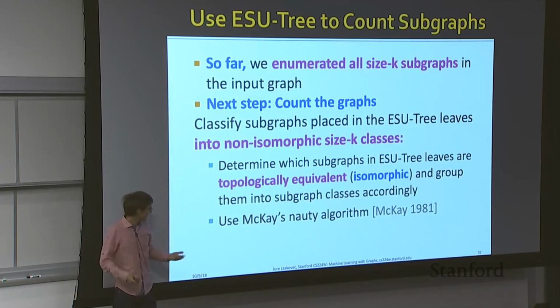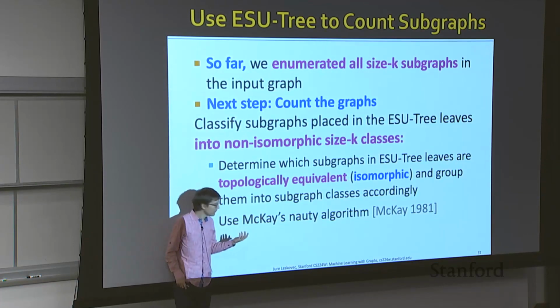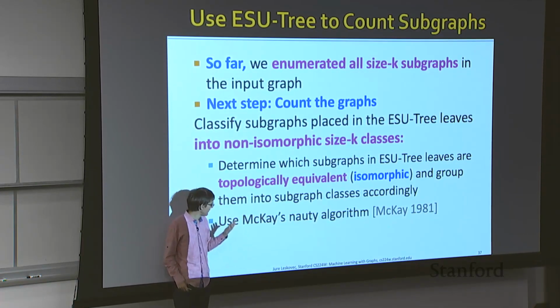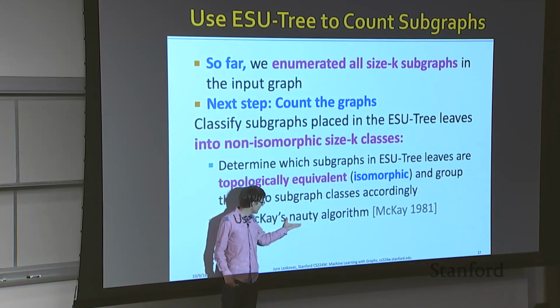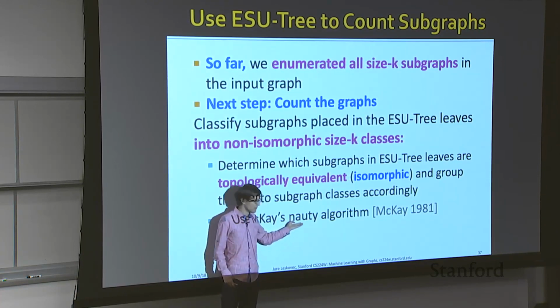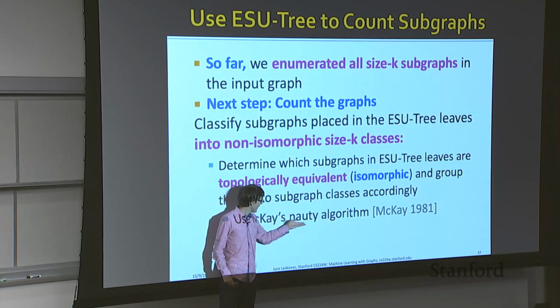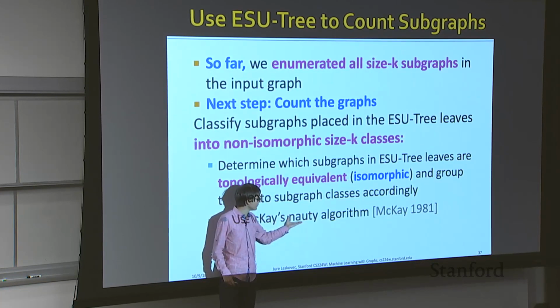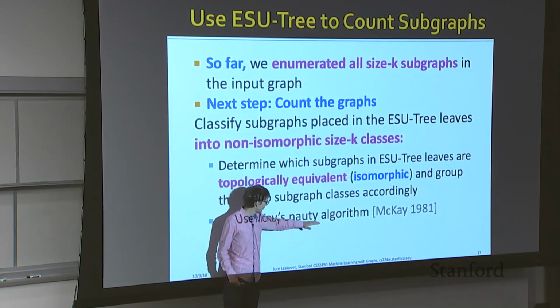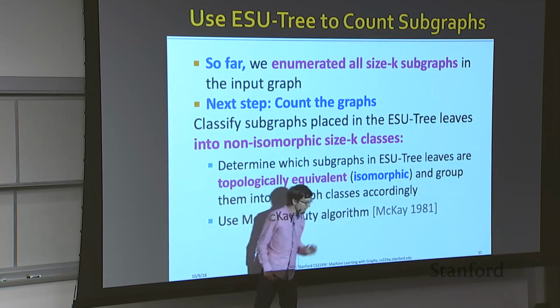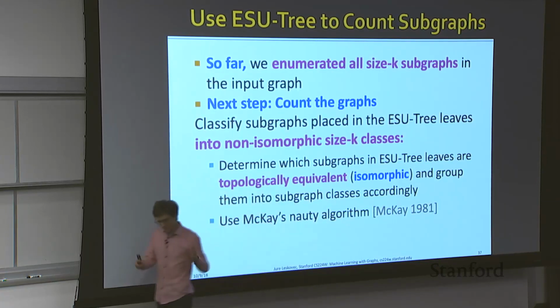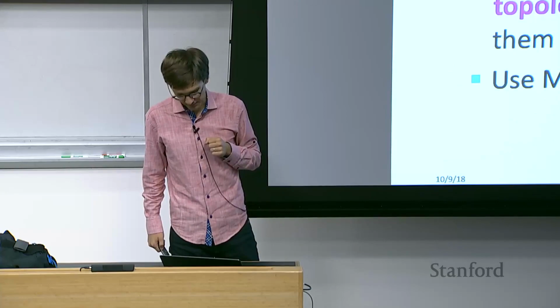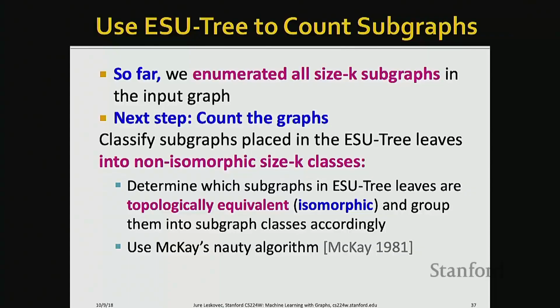There are many different algorithms to do that. One very famous and still very fast algorithm is called NAUTY. I will just show you how you would in principle do that. You use this algorithm from the 80s because it's full of really good heuristics to speed this up.